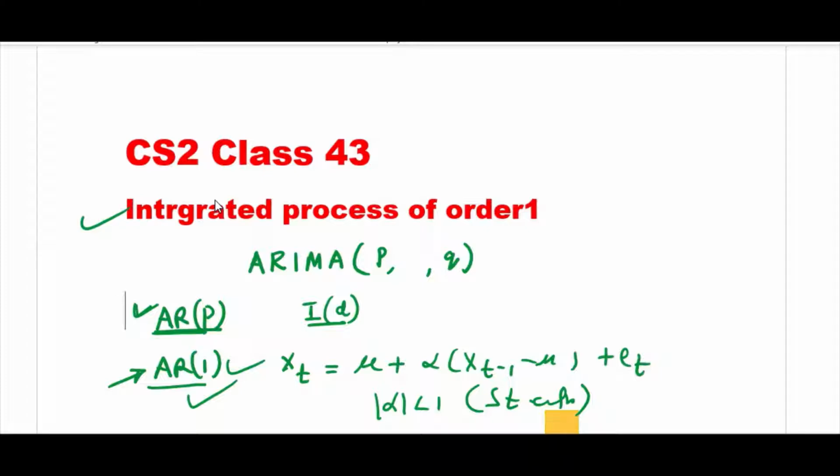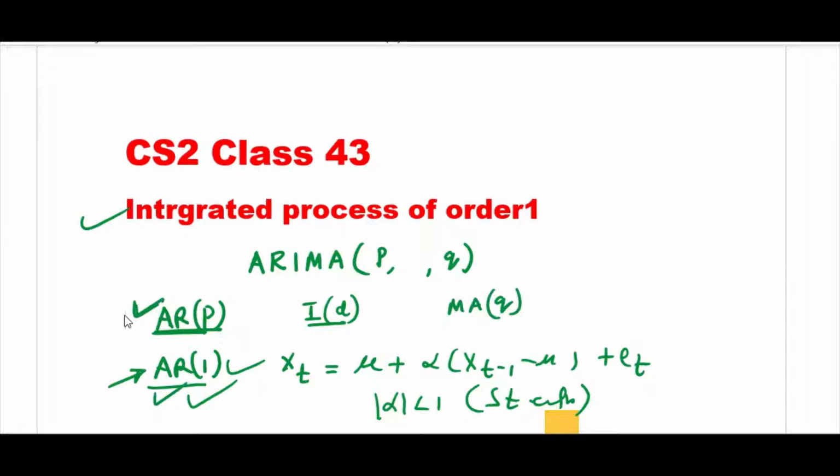I will consider one example which is integrated and will apply some operation like differencing. After differencing, we'll get AR(1), then we'll apply the AR(1) model to forecast. And then we have MA(q), moving average process of order q. We'll go to this one.